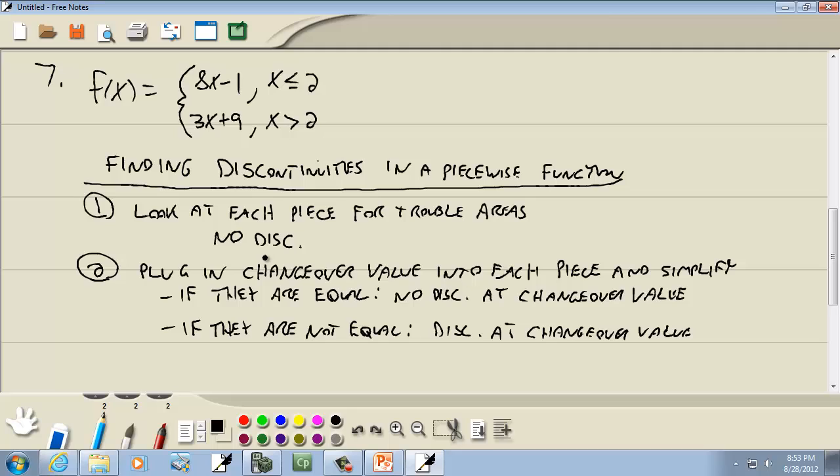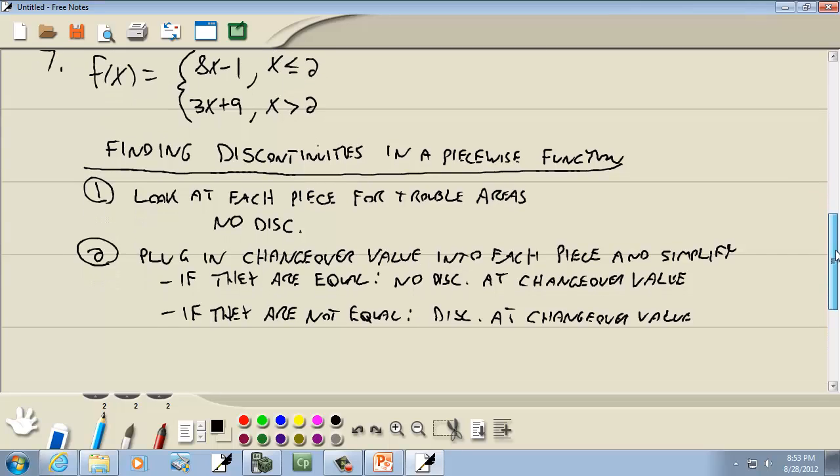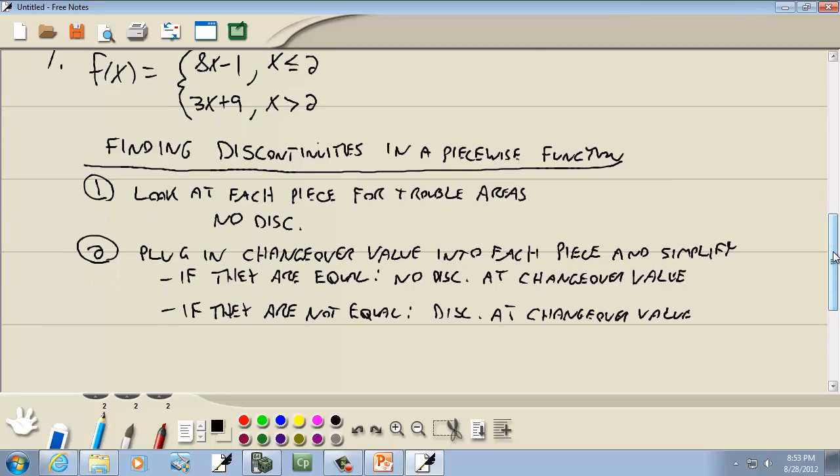Now we just said up here in part 1 that there's no discontinuities in each individual piece. Okay, well let's now plug in our changeover value, which is 2. It'll always be whatever number's right here. Let's plug that into both pieces and see what happens. So plug it into the 8x minus 1. We'll also plug it into the 3x plus 9.